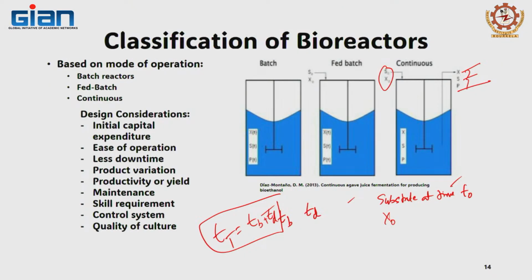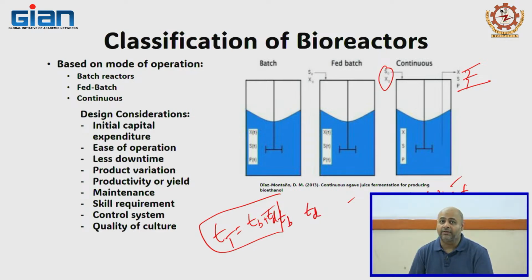Skill requirement, there was a question I remember. The skill level that is required to run a bioreactor will differ depending upon the choice of bioreactor. If you add too many complexities, you need somebody who is highly skilled, right?